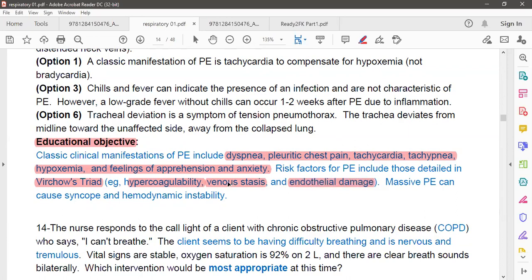These three together we call Virchow's triad. Massive pulmonary embolism can cause syncope and hemodynamic instability. It is a life-threatening medical emergency. We need immediate care.